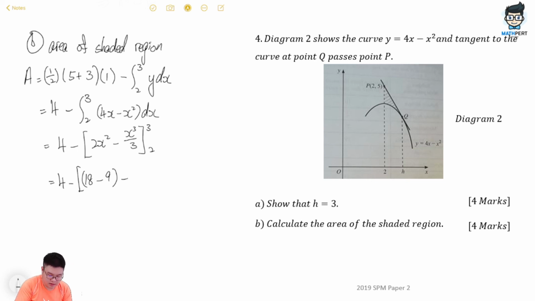Minus, substituting 2, 2 multiplied by 2 squared gives 8, minus 2 cubed over 3, which is 8 over 3. Then you press your calculator, and in the end I get 1 over 3 unit squared. Right, so that's all for now. I'll see you next time.